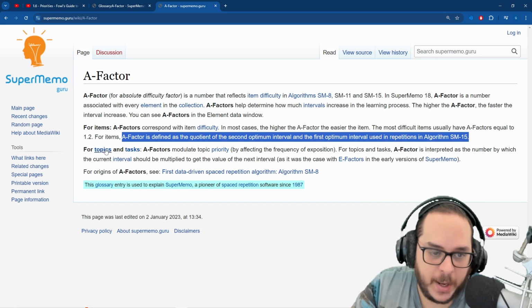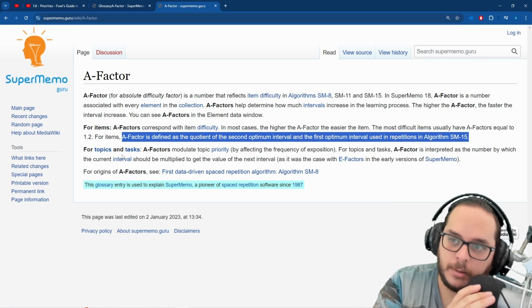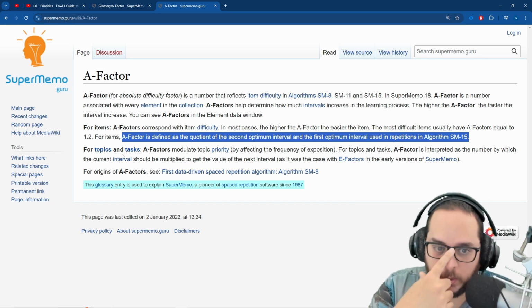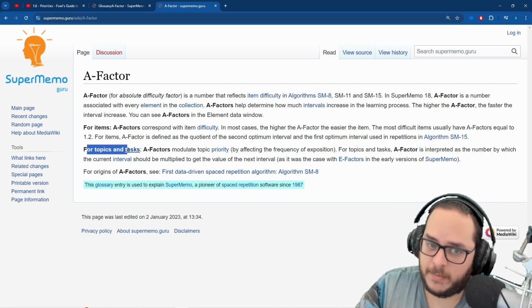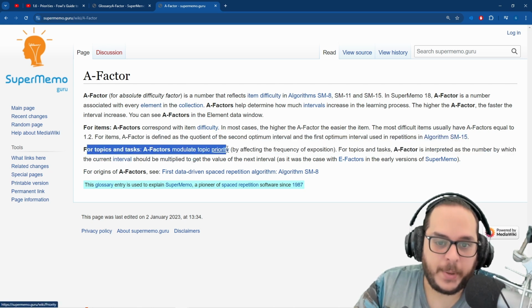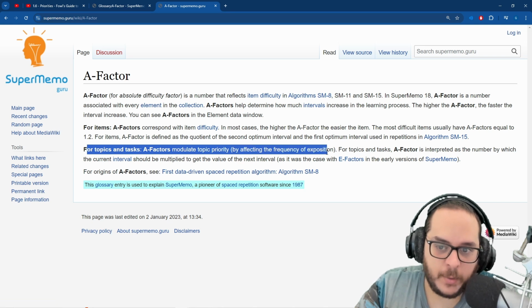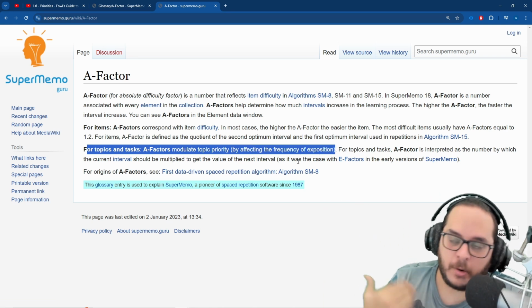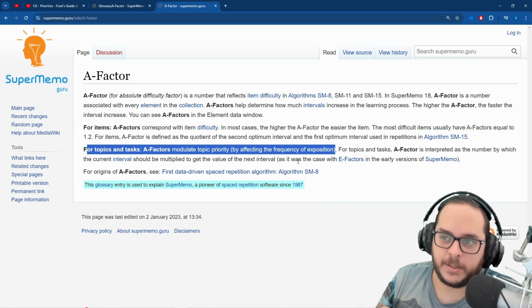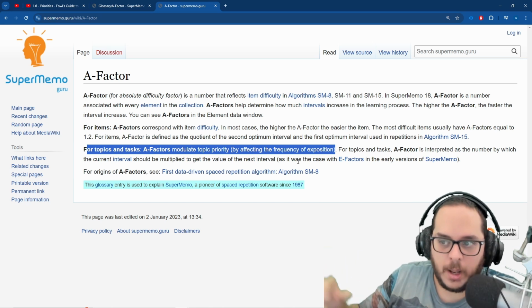Then, for topics and tasks, and spoiler alert, concepts that are not dismissed as well, everything that is not an item, therefore it's passive review, priority modulates the frequency of exposition. The higher the priority, the more often you will see those, because the intervals will grow slower. Why?